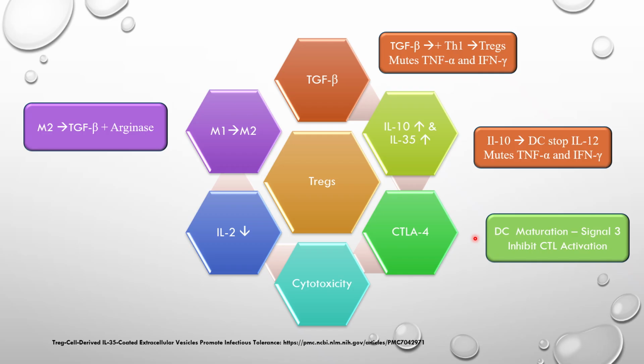So Tregs, oh, have I got it there? Yeah, here it is. Tregs produce IL-10 and IL-35, and they also produce TGF-beta. TGF-beta converts T helper cells to Tregs. So that is a vicious cycle going on there, because you don't want to do that. You want the T helper cells in order to produce IL-2.